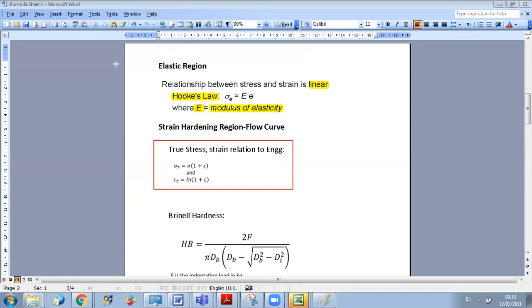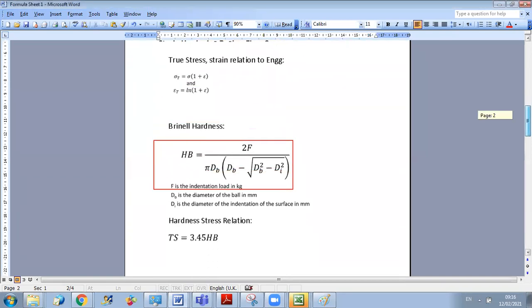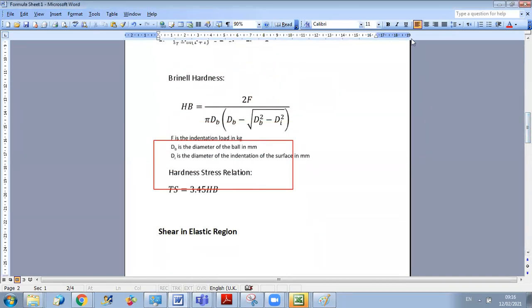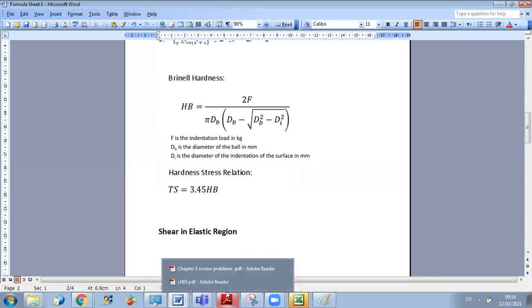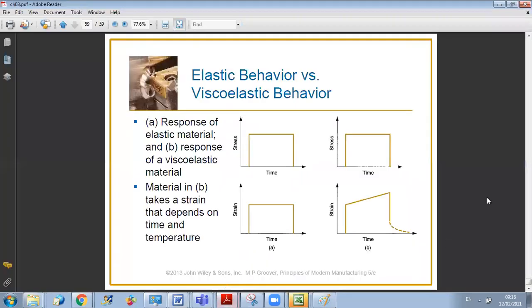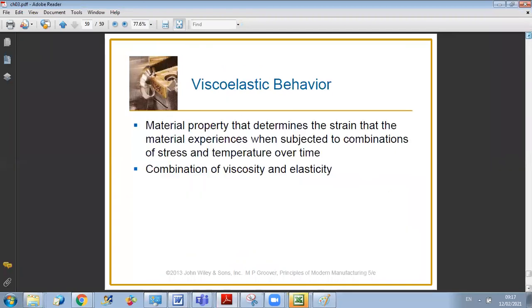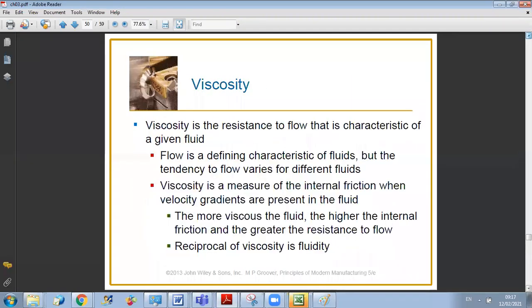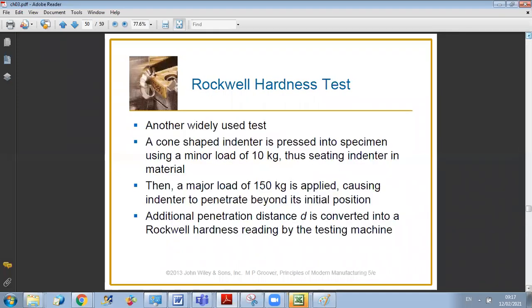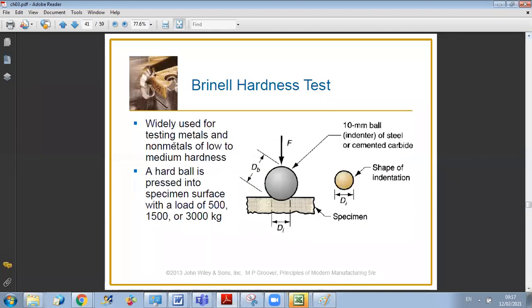Now, as I mentioned, for the Brinell hardness, you have a formula. If you remember yesterday, we have seen the Brinell hardness test, which consists of a sphere that I put on a specimen. Let me go back to the slide. So here, this is the Brinell hardness test.